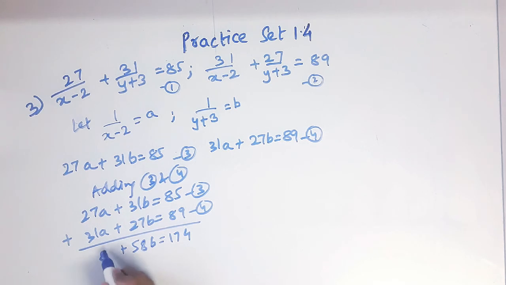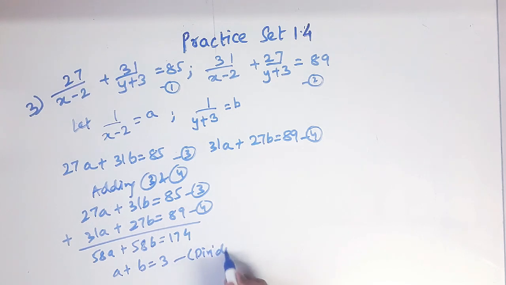This is also 58. Okay, so you can see all three are divisible by 58. So we'll get a plus b equals to 3, dividing by 58. We got a new equation. I'll call this equation number 5.